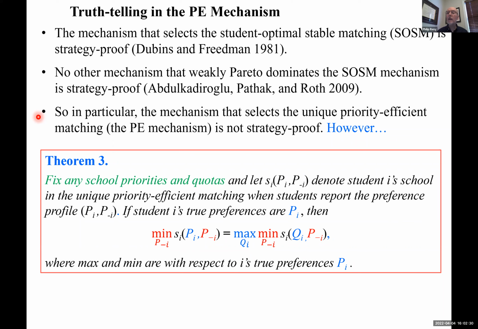I've already admitted once, I'm happy to say, put it front and center again. I don't have the knowledge base that people like Al and his co-authors, and Utku Unver or Tayfun Sönmez do on this school choice problem. They have a vast amount of knowledge. I've read a lot of their papers.